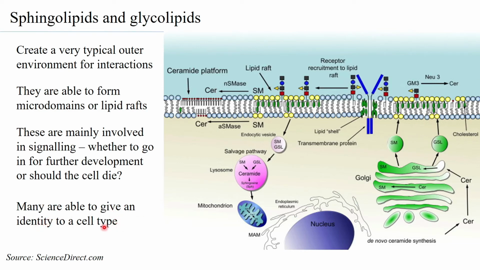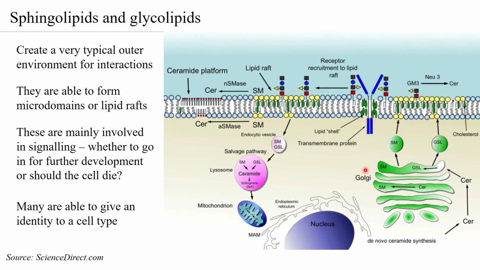Now, many of these sphingolipids and glycolipids are also able to give an identity to a cell type. Because it is present in this cell, the cell is, say, for example, cell X. If that is not present on the cell, then the cell may be cell Y. So, therefore, each cell type can get an identity because of the presence or absence of certain sphingolipids and glycolipids.